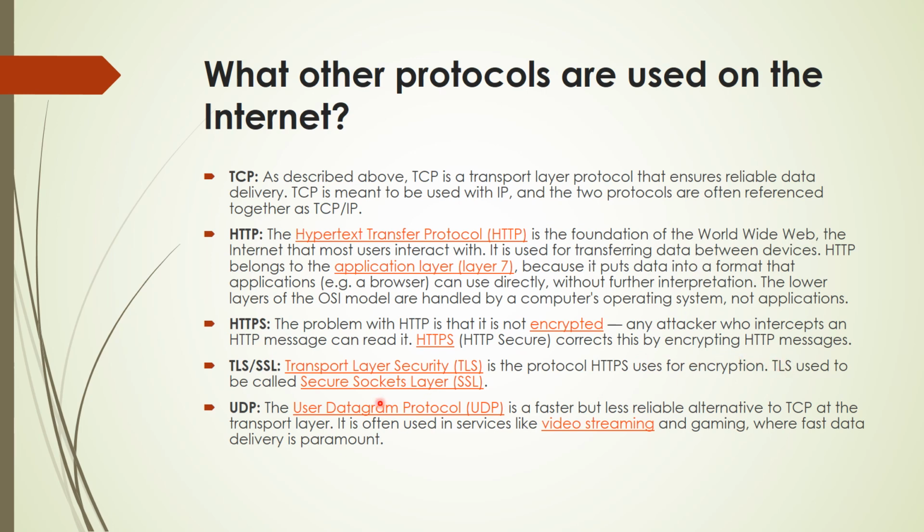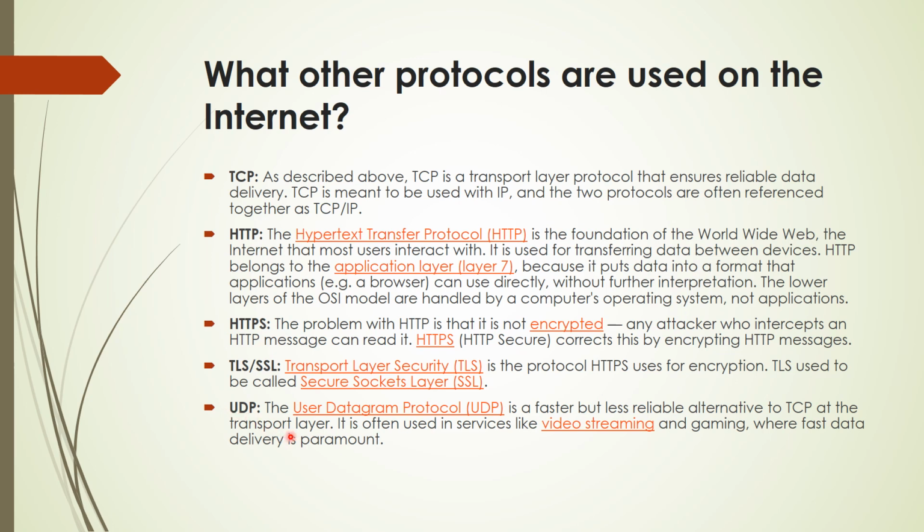Then there are two more protocols: TLS, Transport Layer Security, and SSL, Secure Socket Layer. Transport Layer Security is the protocol HTTPS uses for encryption. TLS used to be called Secure Socket Layer protocol. So basically, TLS is the latest version of SSL.